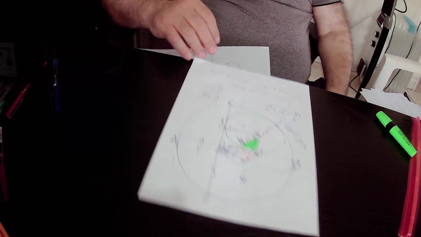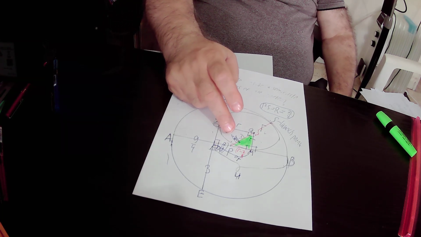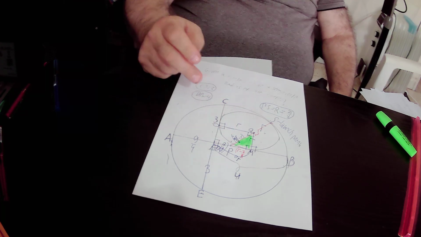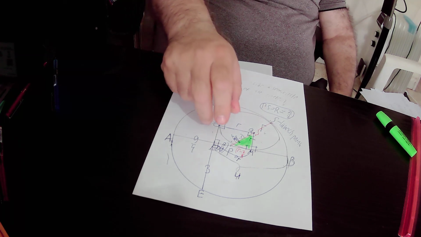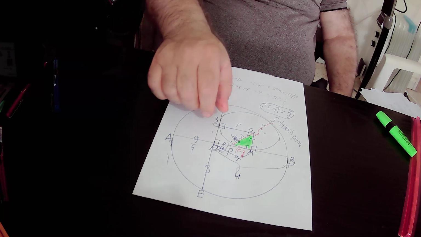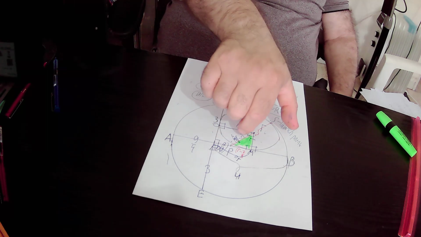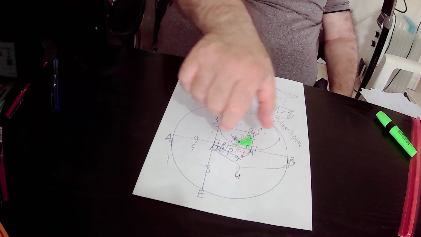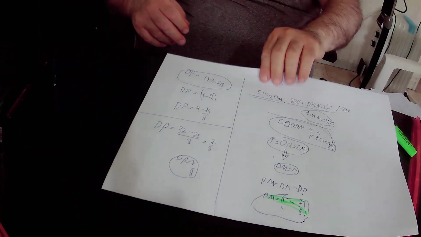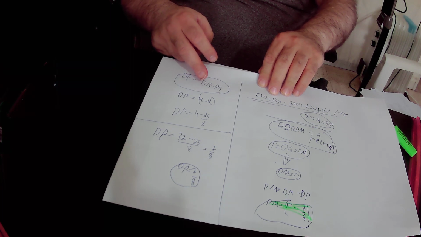Actually, first of all, we have, of course, defined the center of the big circle as point P, and we defined the center of the small circle as point Q. From the drawing, it is very easy to see that the length of line segment DP equals DB minus PB. Again, DB minus PB equals DP. Very simple. DP equals DB minus PB. DB equals 4 units according to what is given in the question.